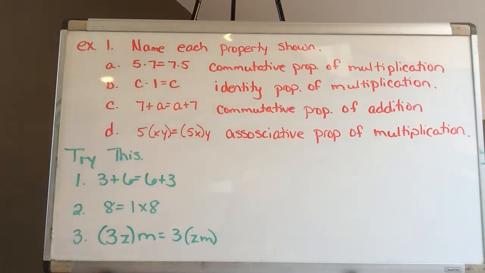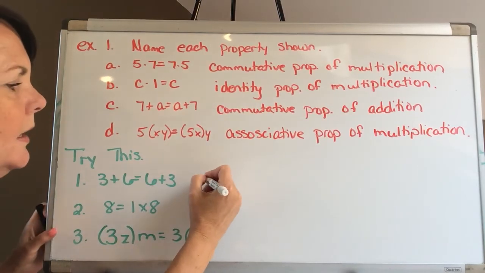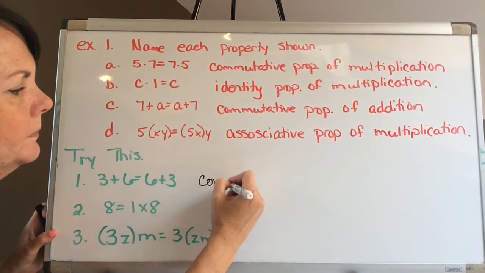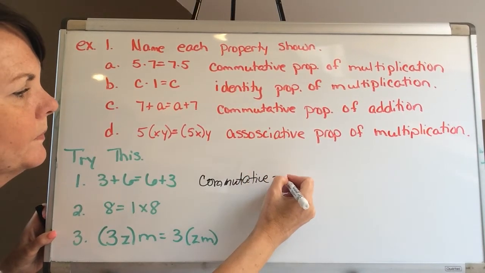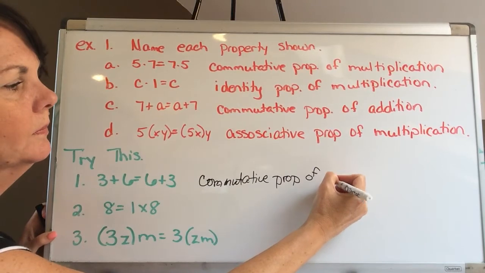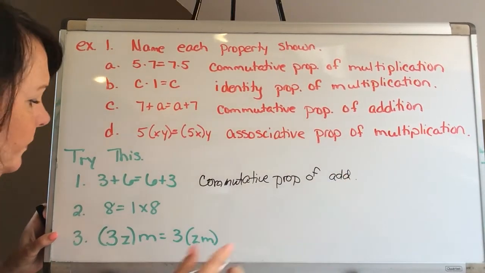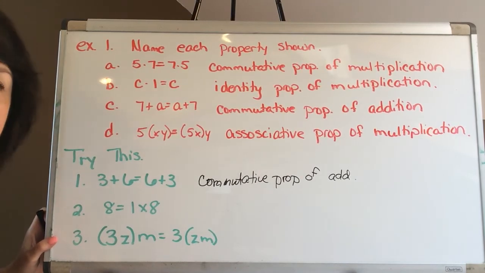So let's try a few. Number 1, 3 plus 6 equals 6 plus 3. That is the commutative property of addition. Number 2, 8 equals 1 times 8.